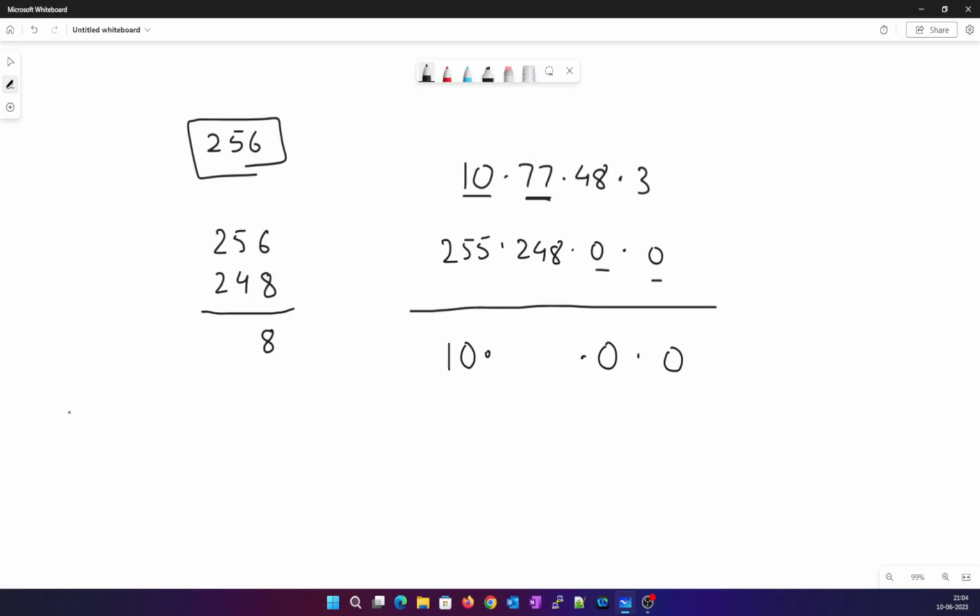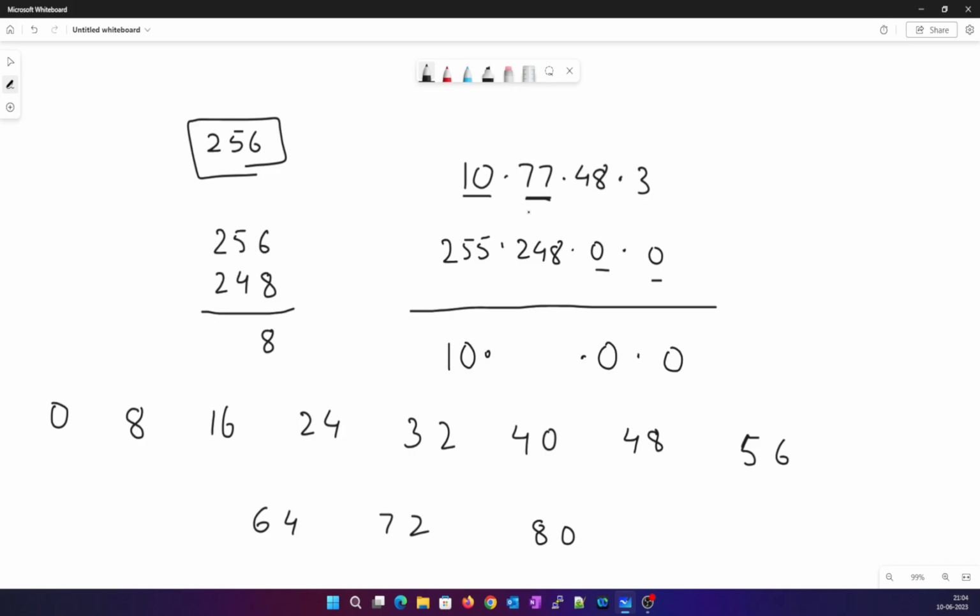Let us write that down. That is 0, then 8, 16, 24, 32, 40, and up to 80. So these are the multiples of 8.